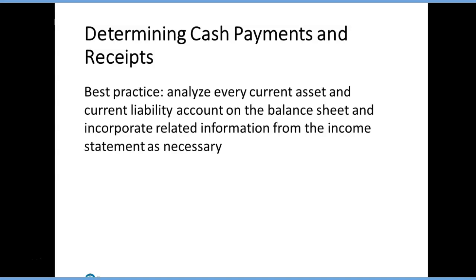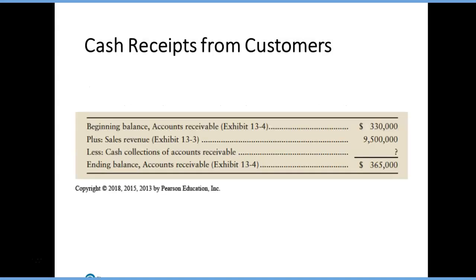Because sometimes when you see a change in your current liabilities or a change in your current assets, it's not easily identifiable what the cash effect of those changes is. Sometimes it takes a little bit more analysis and a little bit more drilling down to determine how to calculate cash received from customers, because it's not necessarily evident. And there are some ways that we will be doing those types of analysis.